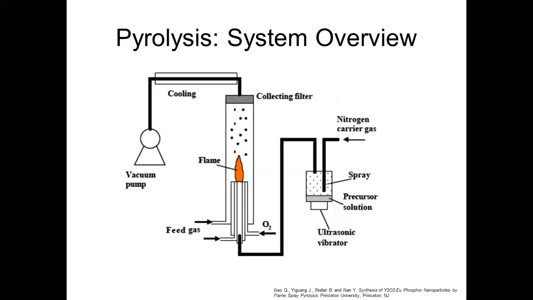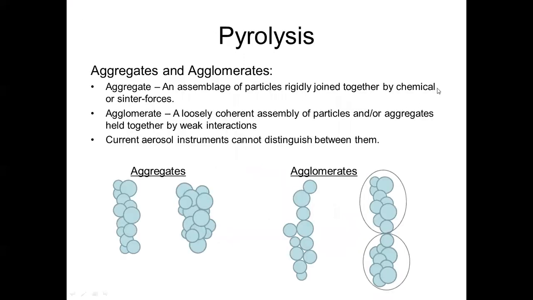And again, this is done by the ton. So this is a fairly macro industrial application that we need to provide the materials for, like car tires and paint across the world. So with pyrolysis, a discussion here is the difference between an aggregate and an agglomerate.